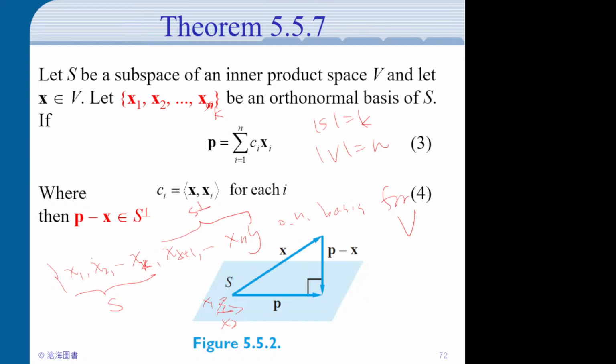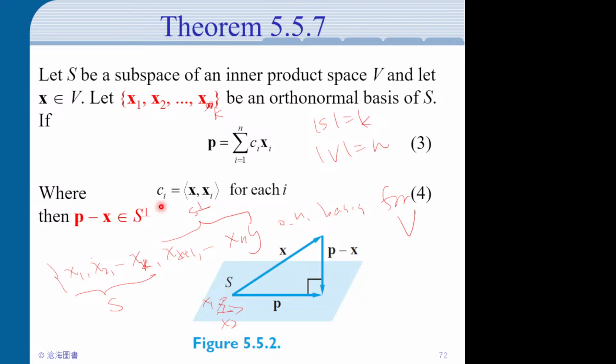Okay, and so now this is the basis for V, so we are saying every X can be written as a linear combination of those things with coefficients like this, right? This is the first thing we say about orthonormal bases. We say the coordinate along each xi is just X inner product with xi.